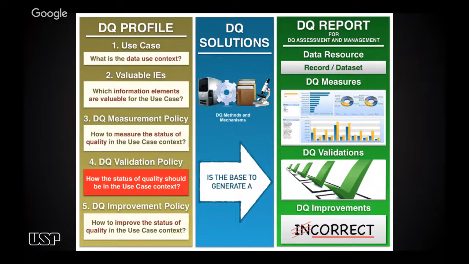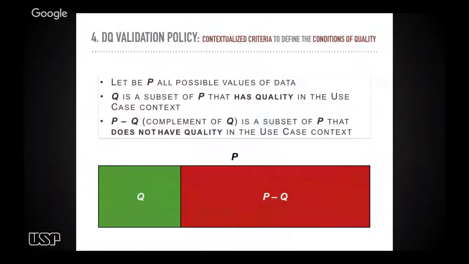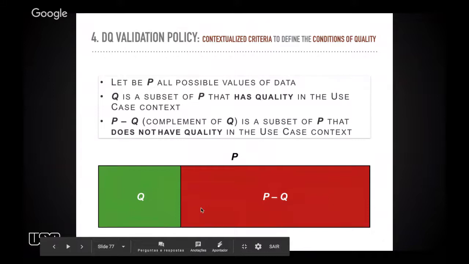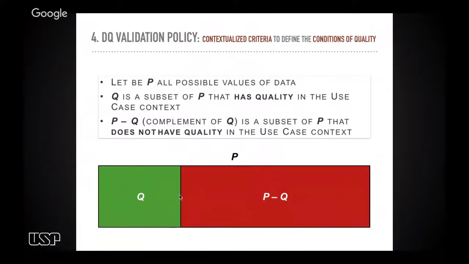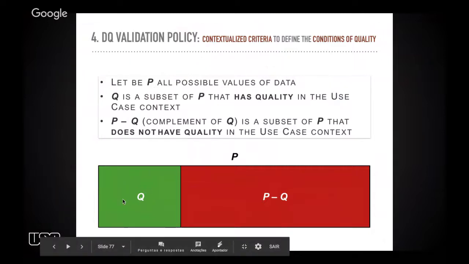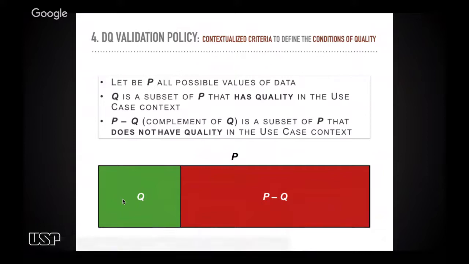That is made in this part, what we call data quality validation policy. So in this part, let's say we have P, all possible values of data. And we have a subset of possible values of data that we call Q, that has quality that is good for use.